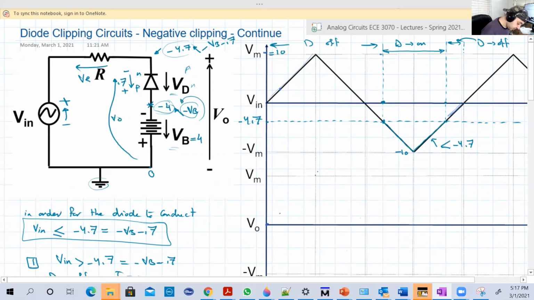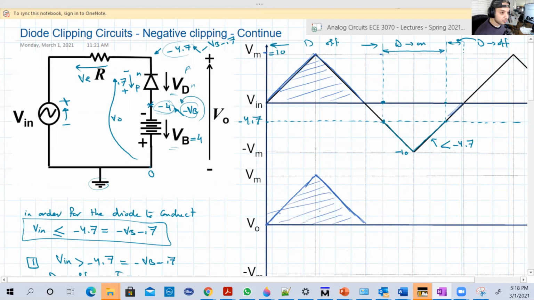Just copy and paste. So I'm going to copy this triangle here into VO, just like this. So that triangle is basically that triangle. Let's shade it. So guys, you know what I'm talking about.